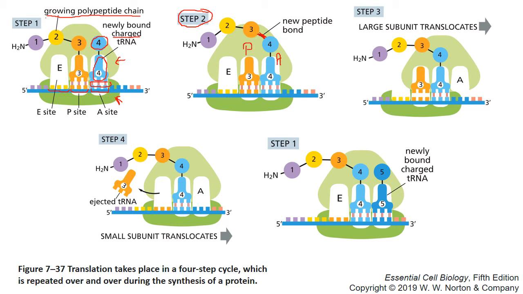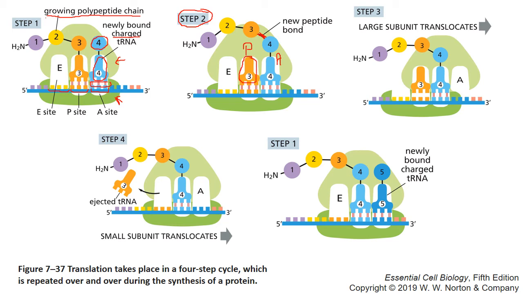Notice how once the polypeptide bond is made, the tRNA in slot P will completely release its amino acid. As this is happening, we are basically done with this tRNA. So how do we get rid of it?